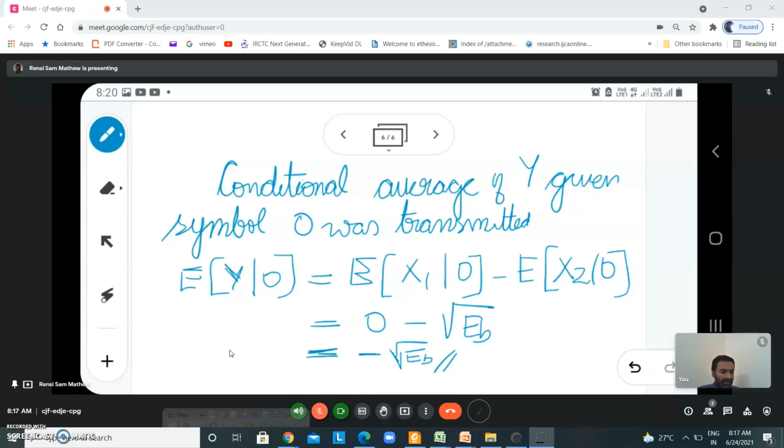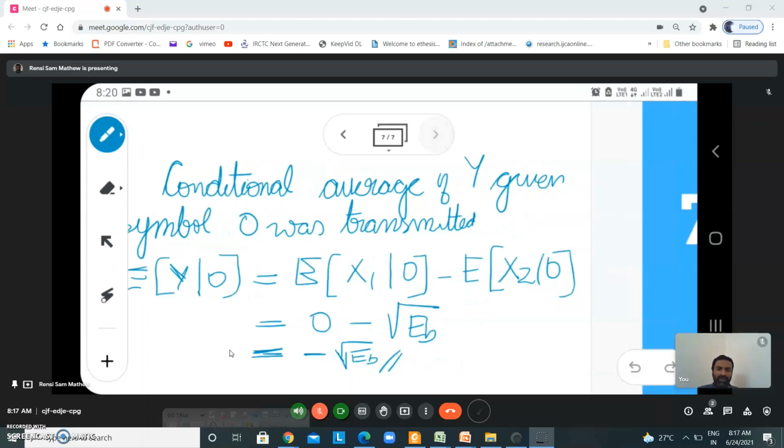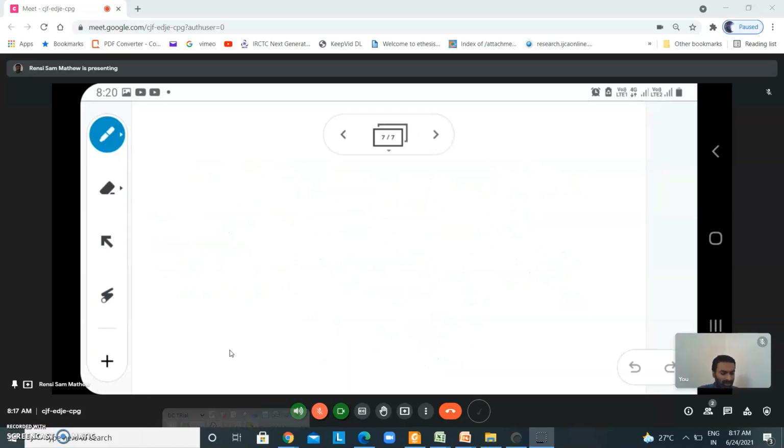Before we find the mean values, now we have to find the variance.